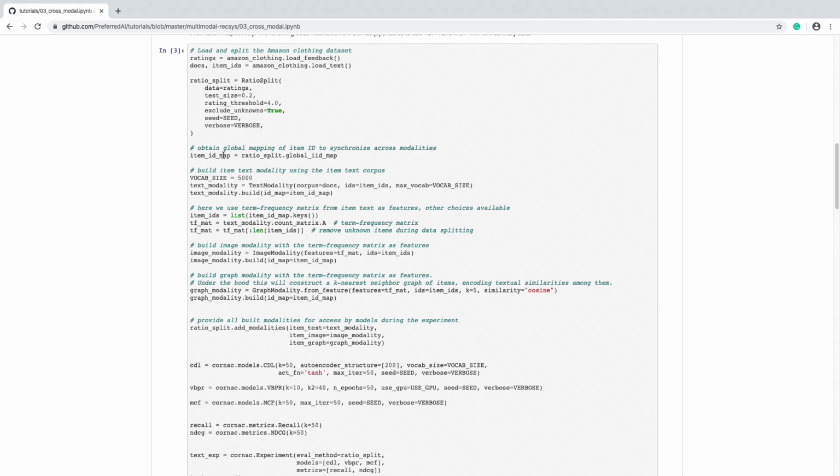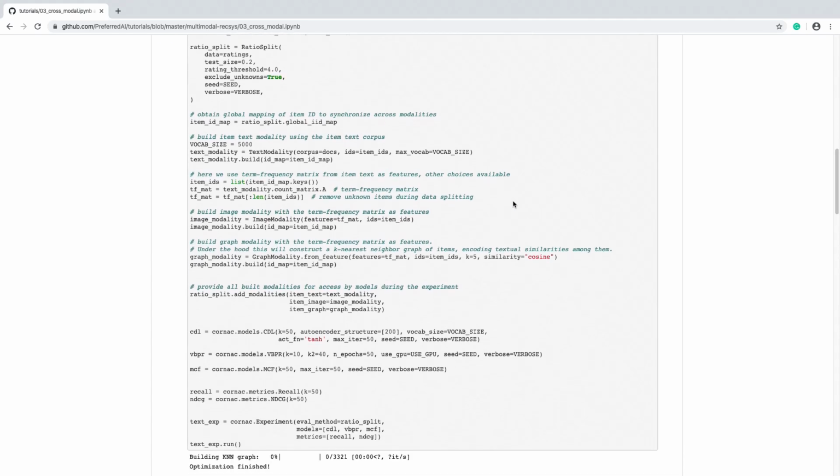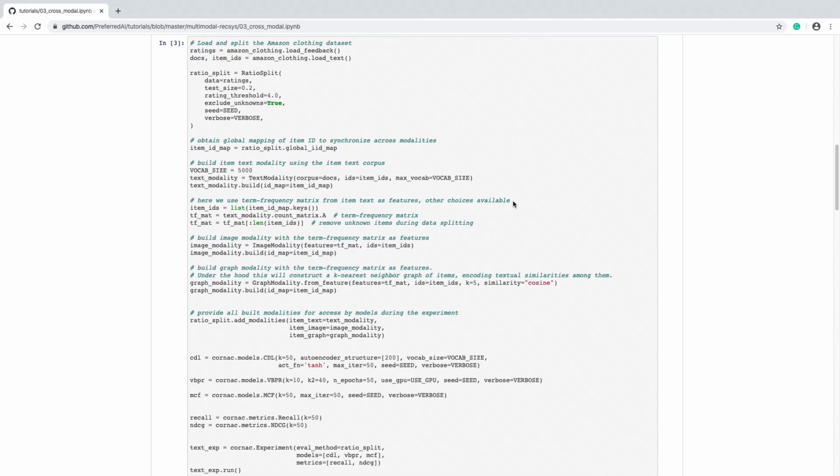You just need to collect the item ID mapping here and then provide it as input to the different Cornac modules, where you may need to specify this at the different modality levels, to inform that every time you build a modality, you have to know the correspondence of every item.